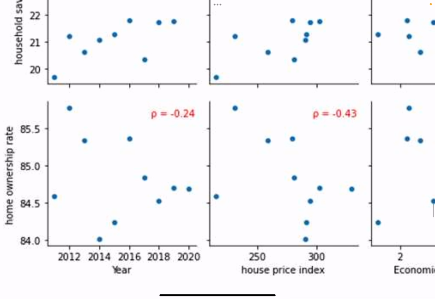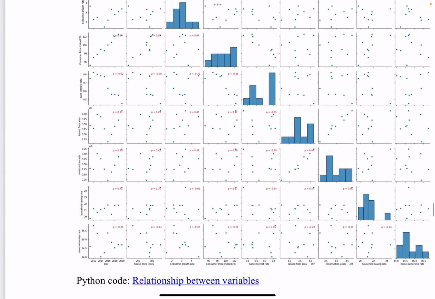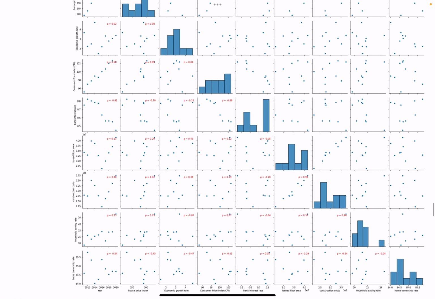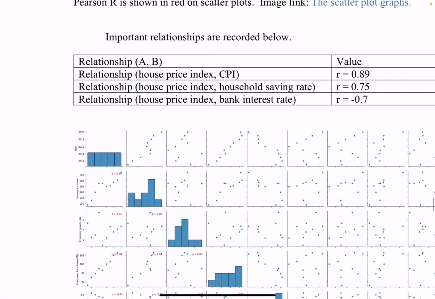And the relationship shown in red is negative 0.43. So the relationship is not strong and negative. So I drew the scatter plot and drew all the Pearson R on the top in red.